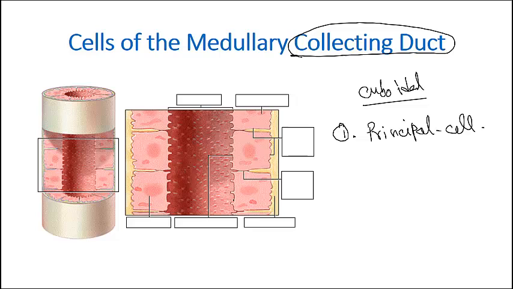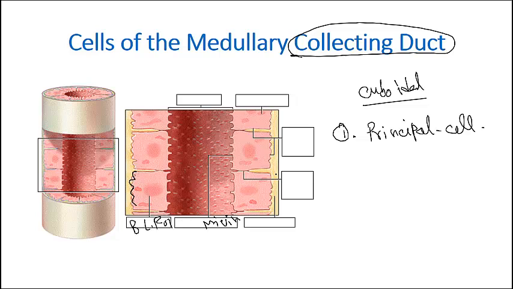If you look here, the microvilli are very few, and they also have very few basolateral folds. This is the basolateral fold, and these are the microvilli, but both the microvilli as well as basolateral folds are very less frequent.